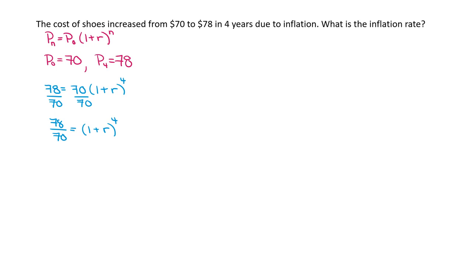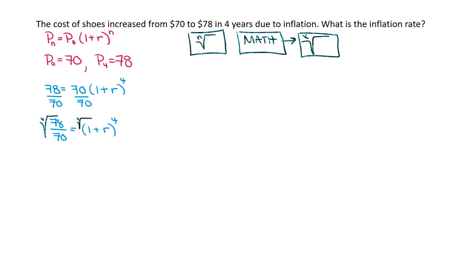The next step is to get rid of that fourth power. And the opposite of raising something to the fourth power is taking the fourth root. So it's kind of like a square root, but for the fourth power. And so I'm going to take the fourth root of both sides, and that's going to allow me to get rid of that exponent. Your calculator will have a button that's going to allow you to take a fourth root.